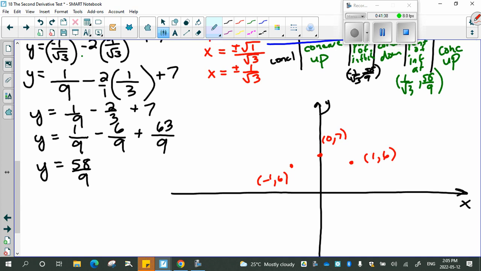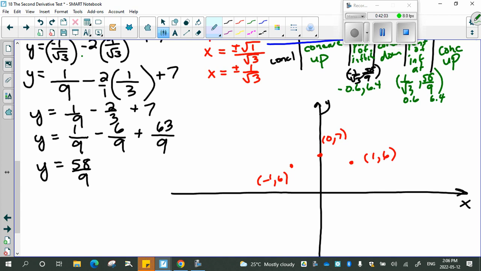And then I've got to add in these guys. So we have to know what they approximately are. So we said this is approximately negative 0.6. 58 over 9 is about 6.4. And this is going to be positive 0.6 and about 6.4. So negative 0.6 is just a tiny bit closer to negative 1 than 0.